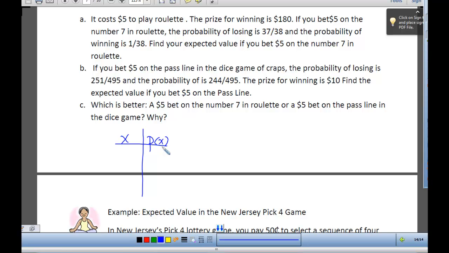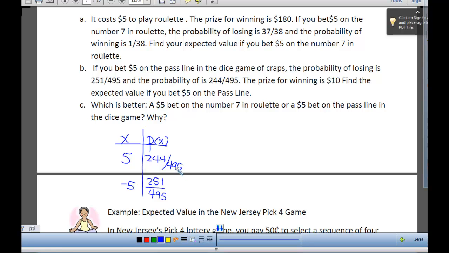This time our values will be what? You bet $5 so you can get -5. And then the prize for winning is $10, but you paid $5 to play, so it's +5. Probability of losing 251 over 495. And the probability of winning is 244 over 495.